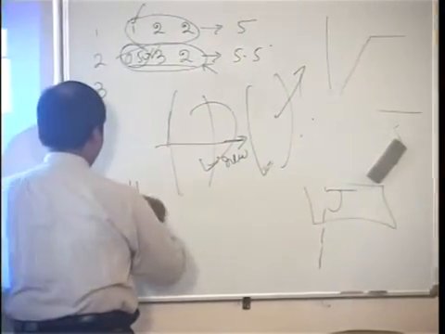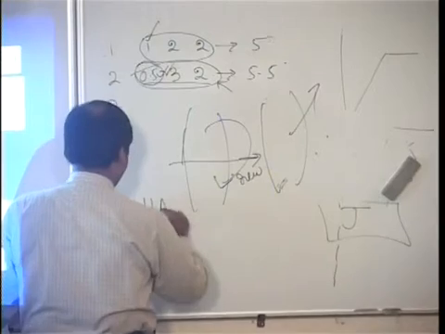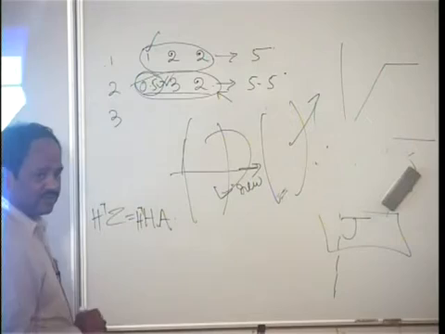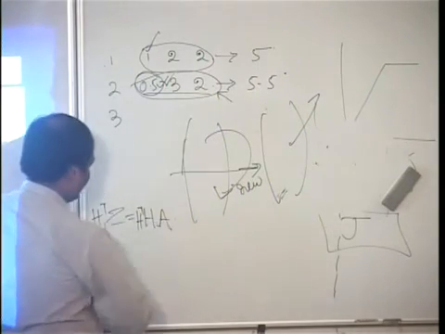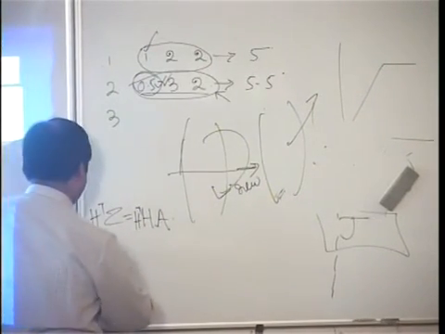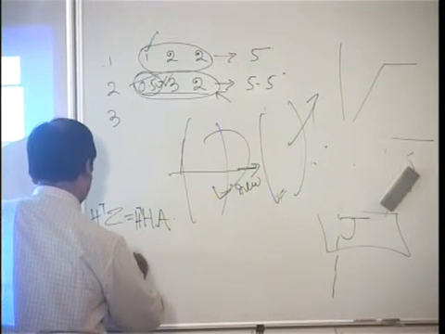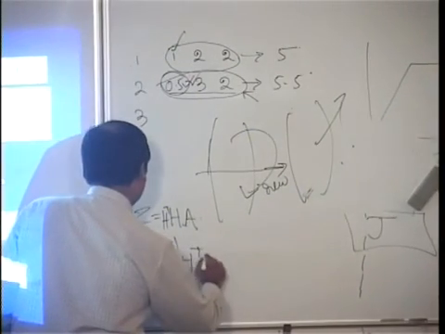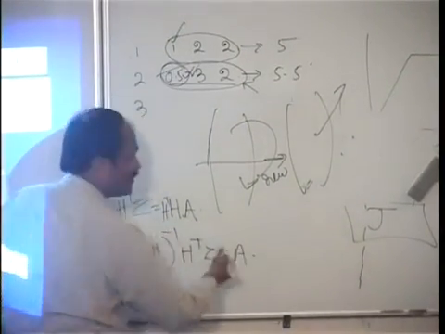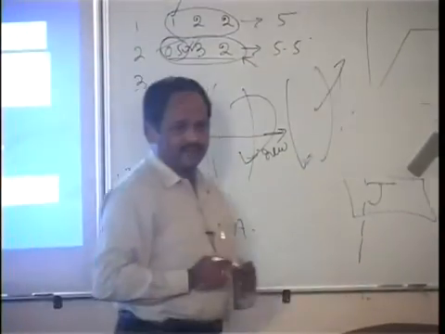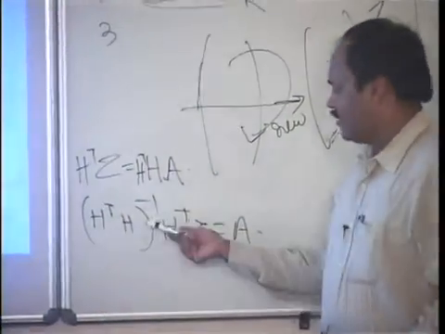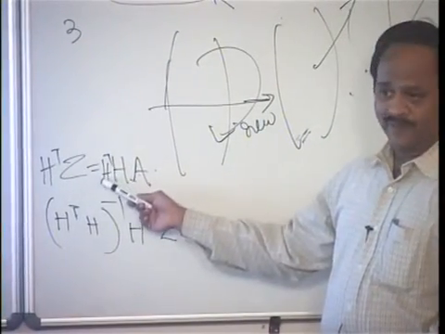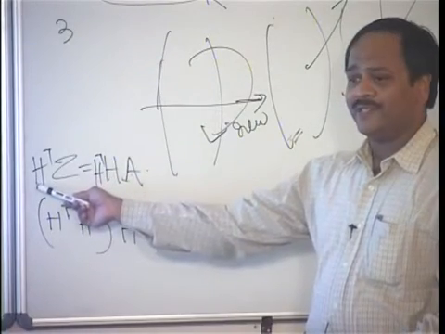Z is equal to H into A. Now I want to find out A. So H transpose H inverse H transpose Z is equal to A. I first multiply this and now I am able to find the inverse, so I multiply the inverse here.